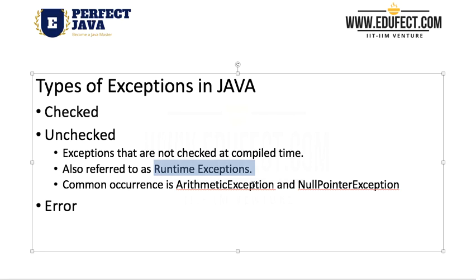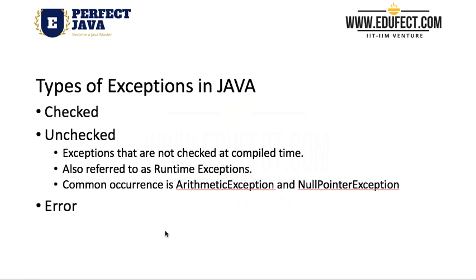So these are known as unchecked or runtime exceptions. A couple of common types of runtime exceptions are arithmetic exception and null pointer exception, and we will study them in later lessons.